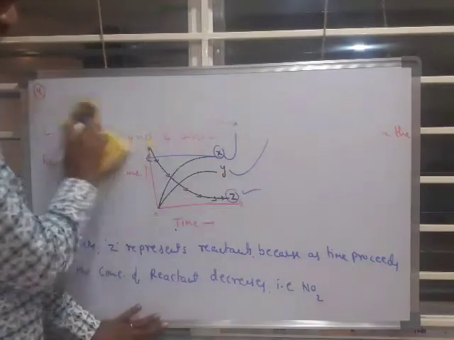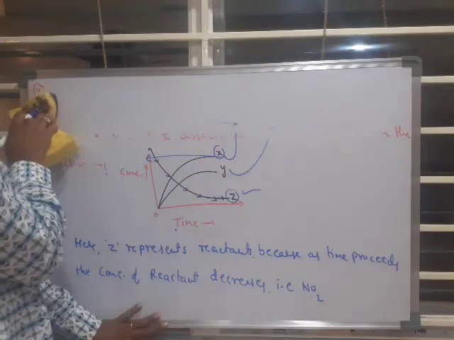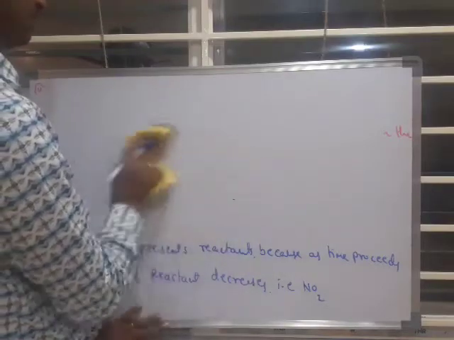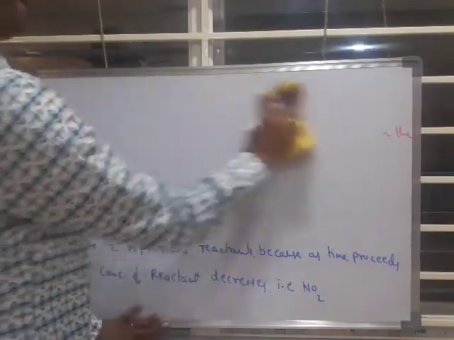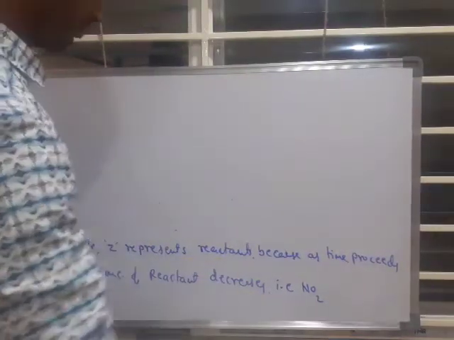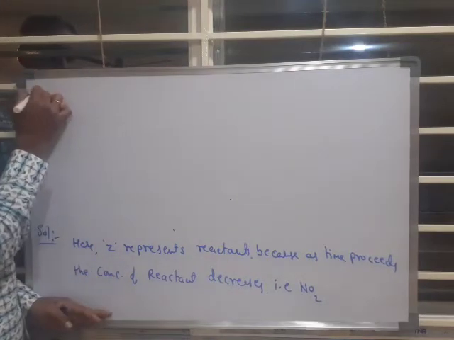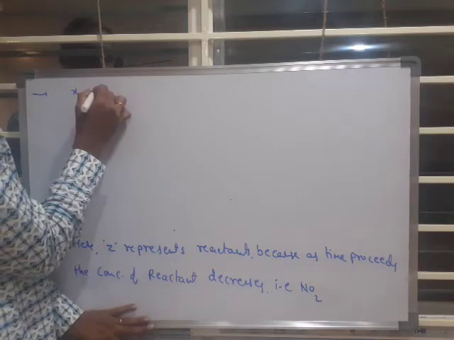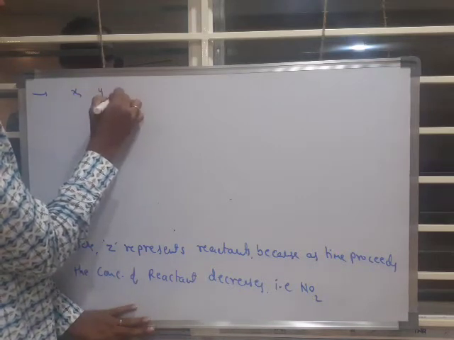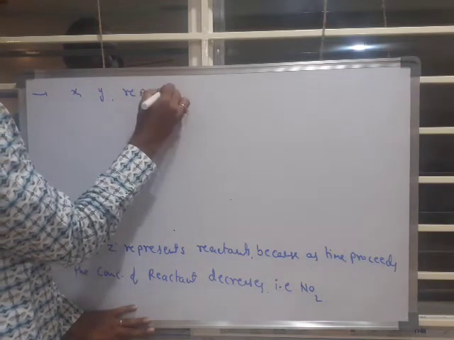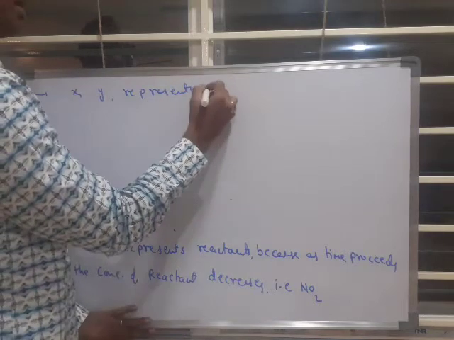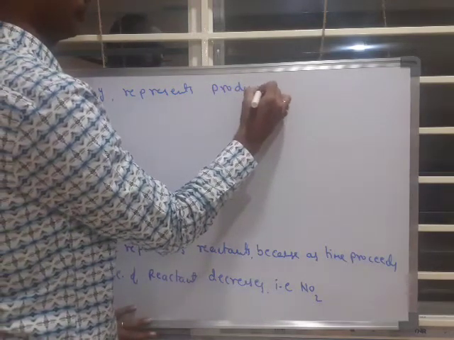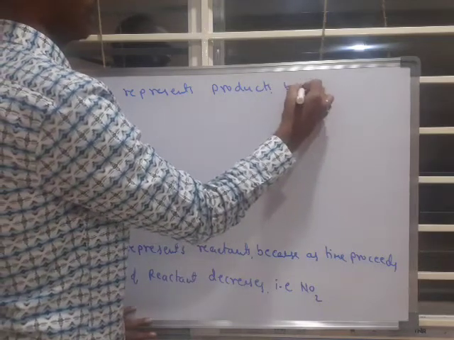Okay. So here X, Y represent products. Why are you taking it like this?